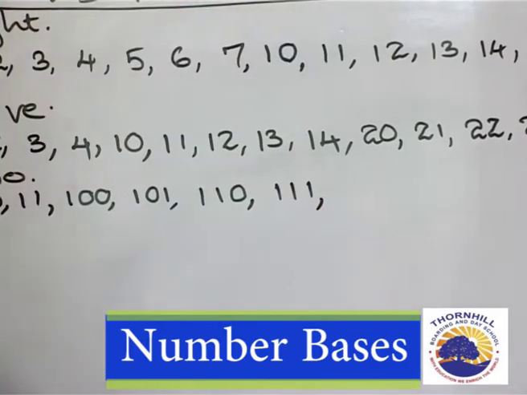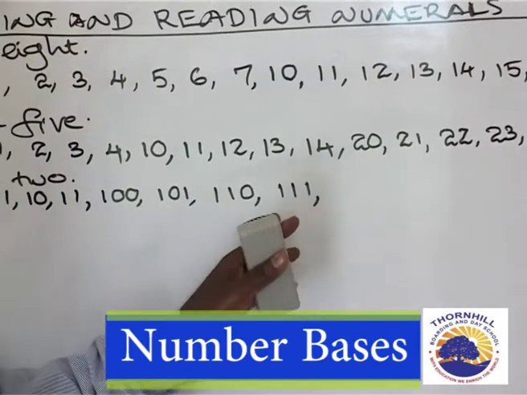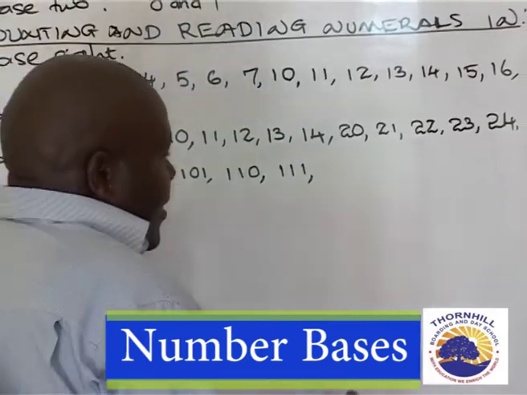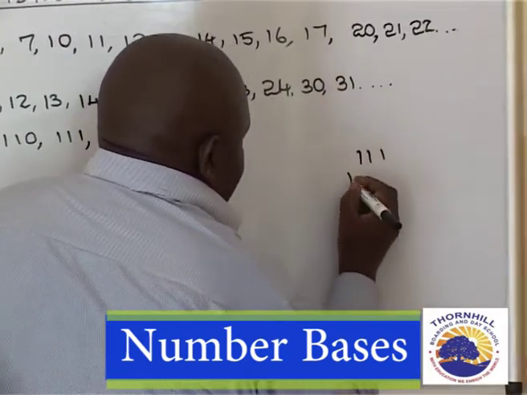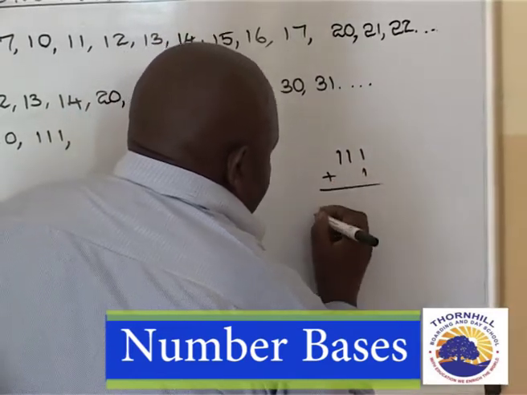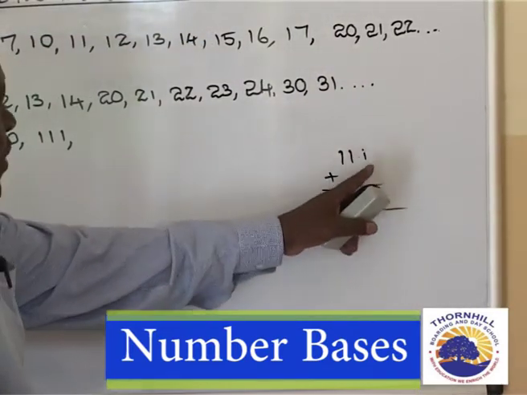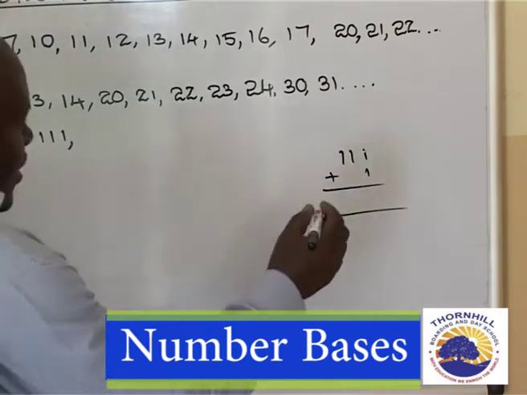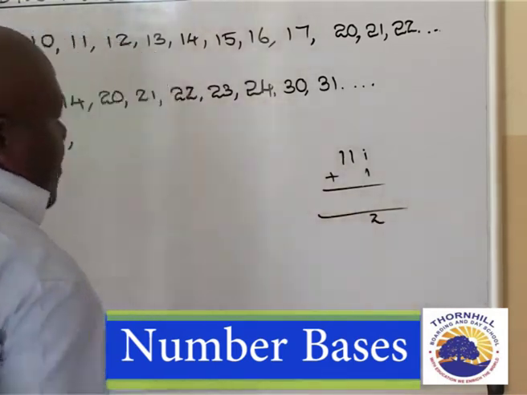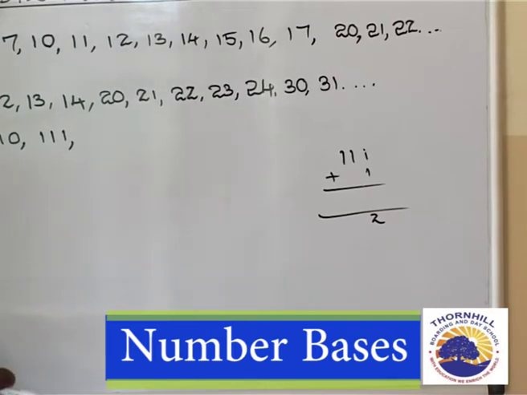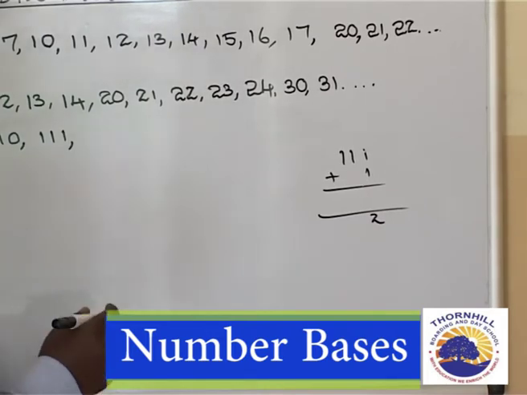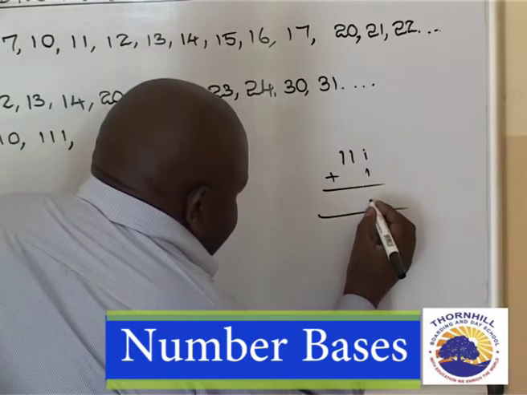Then let's see what the next one is. It's very interesting. So we get again the 1, 1, 1 there. We add a 1. 1 plus 1 gives you 2. So the 2 you write down because we have no 2 in base 2. So you say 2 into 2 is how many times? 1. What remains is a 0. The 0 you write.